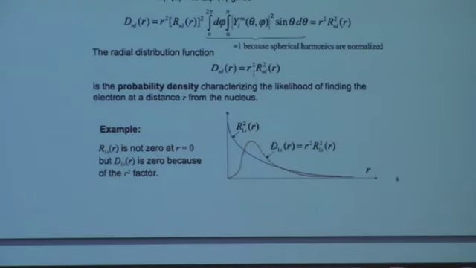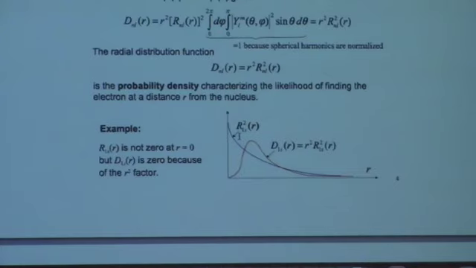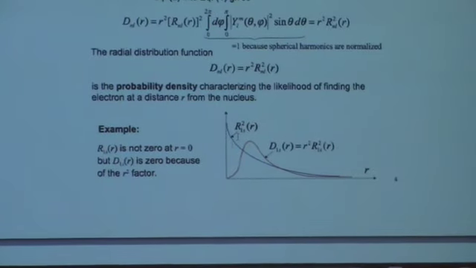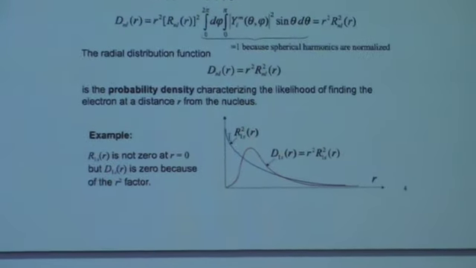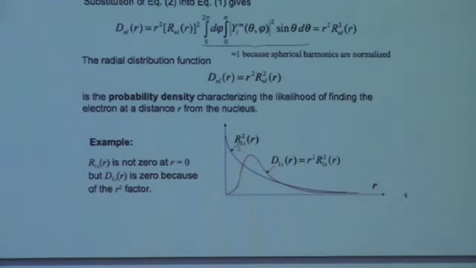Now, because of this small r squared, there is an interesting effect shown here. The radial part itself for the 1s orbital, for example, exponentially decays. So the highest probability, according to just the radial part, is to find the electron on the nucleus, right? But the nucleus is very small itself.